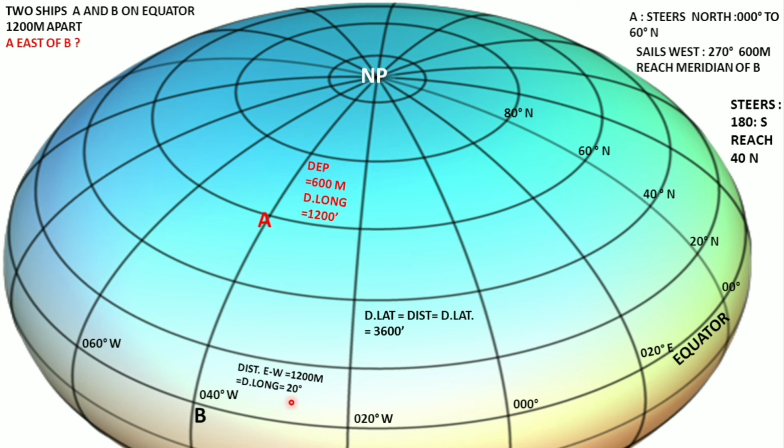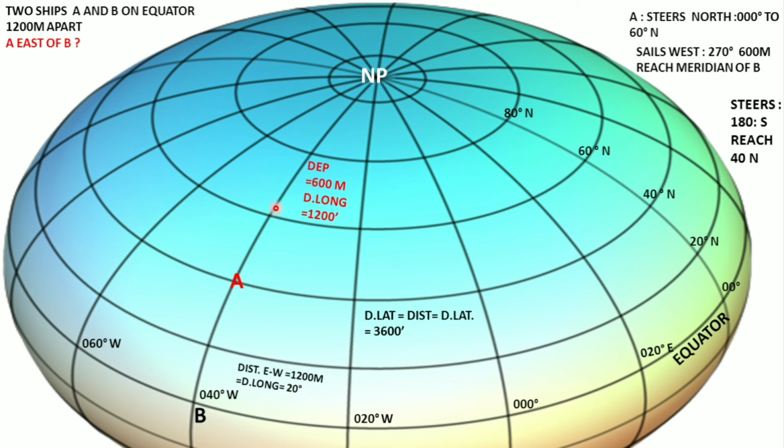Now let us come south and come to 40 degrees north here. Again, I'm sailing along the meridian. So that means there is no change of d long. There is no change of longitude. My longitude now here is 40 degrees west.